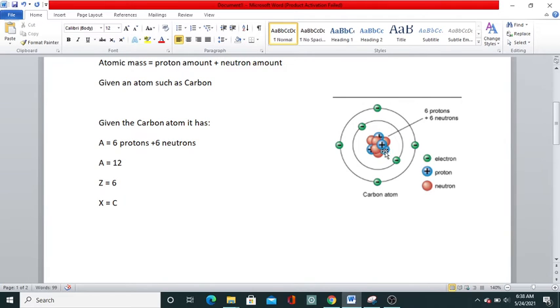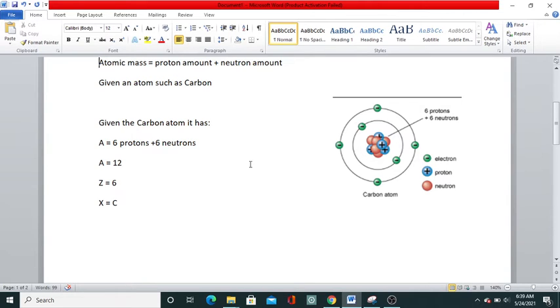In the nucleus you can see that there are 6 protons and 6 neutrons. In the shells there is a total of 6 electrons. This gives the atom its neutral charge because the protons and the electrons cancel out with their charges.